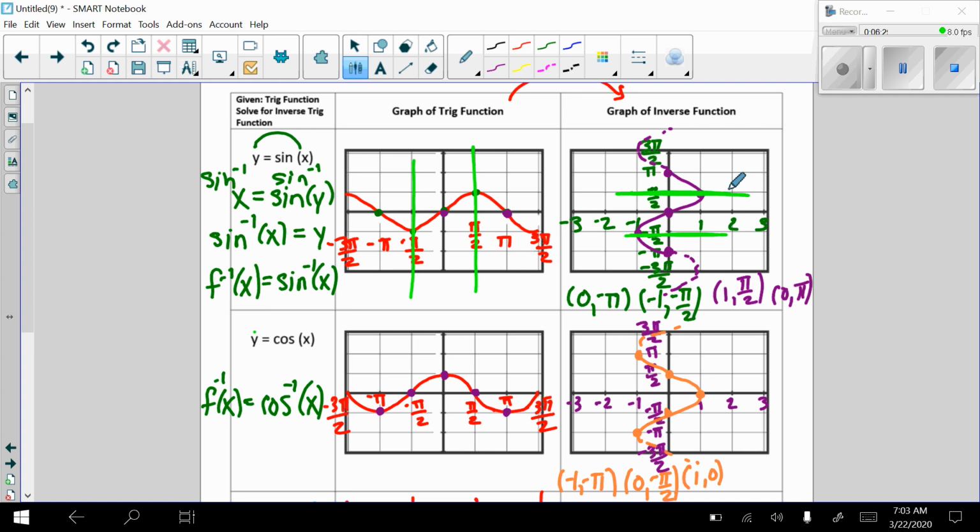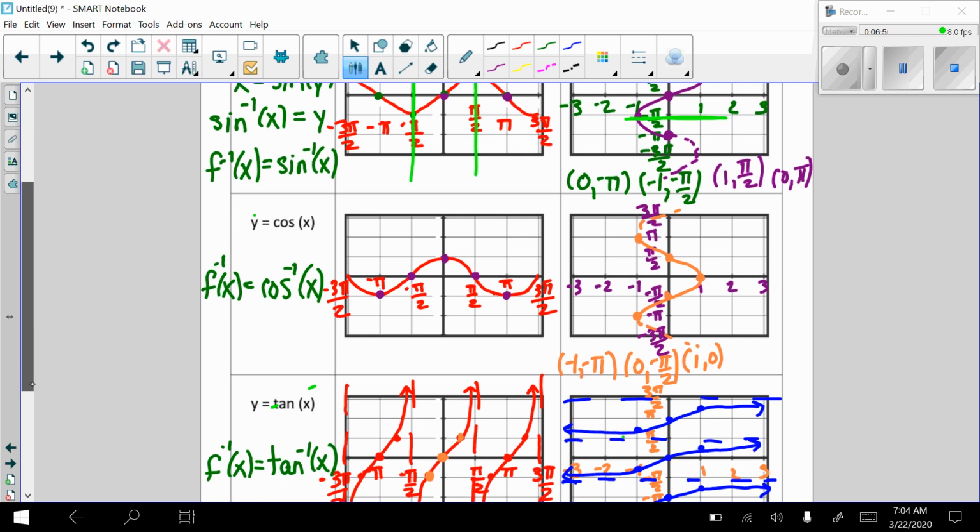And if you look at that, that would definitely pass the vertical line test. If we went beyond that, for example, if we went up to here, we would not be passing the vertical line test because we would be intersecting our graph in more than one place. So the principal values go from negative pi over 2 to pi over 2 for a sine function.